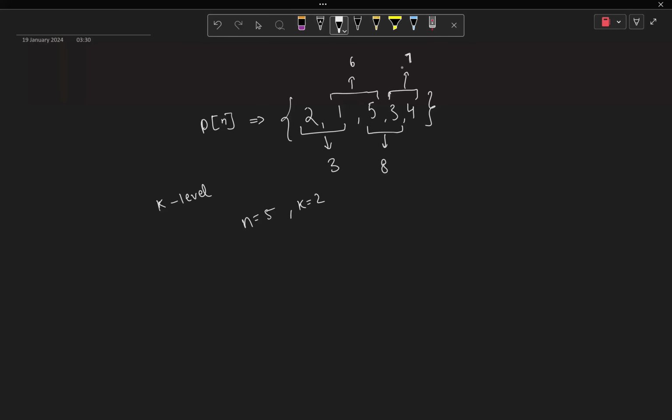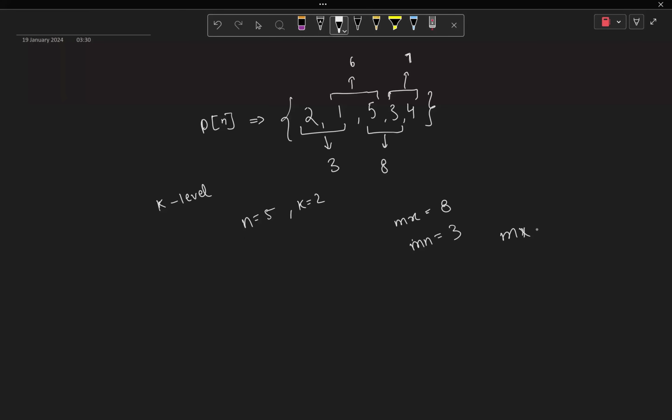Just find out the sum of all these subsegments and then check if the maximum one of them minus the minimum one of them is less than or equal to 1 or not. So here the maximum mx is equal to 8 and the minimum is equal to 3.